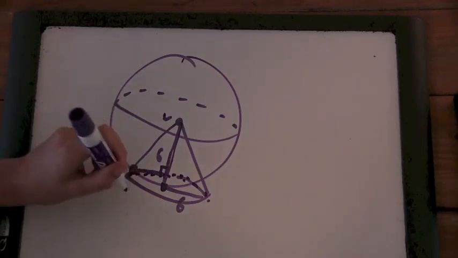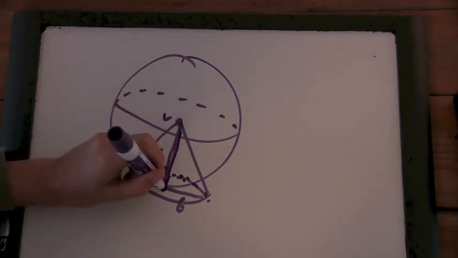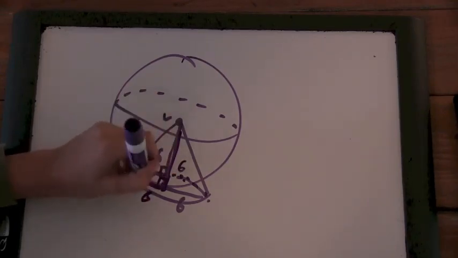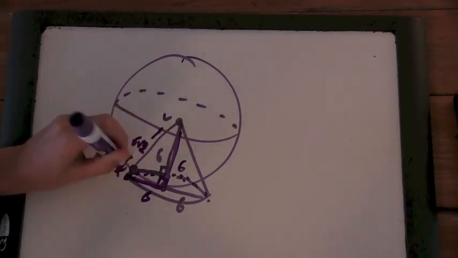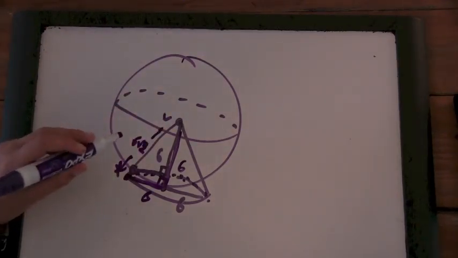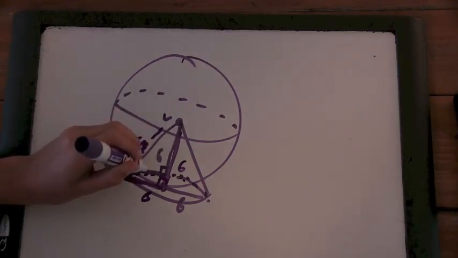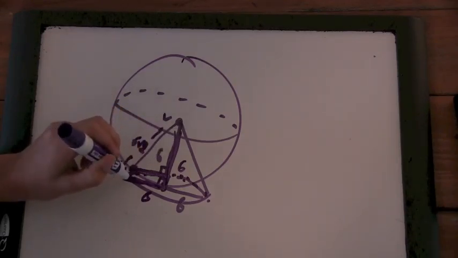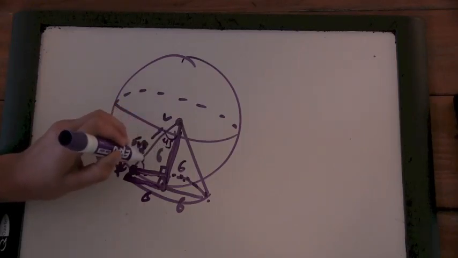But I also notice that I have an isosceles triangle here: 6, 6, 6 root 2. An isosceles right triangle. And since these are both perpendicular, this is parallel to this, so you have another isosceles right triangle.